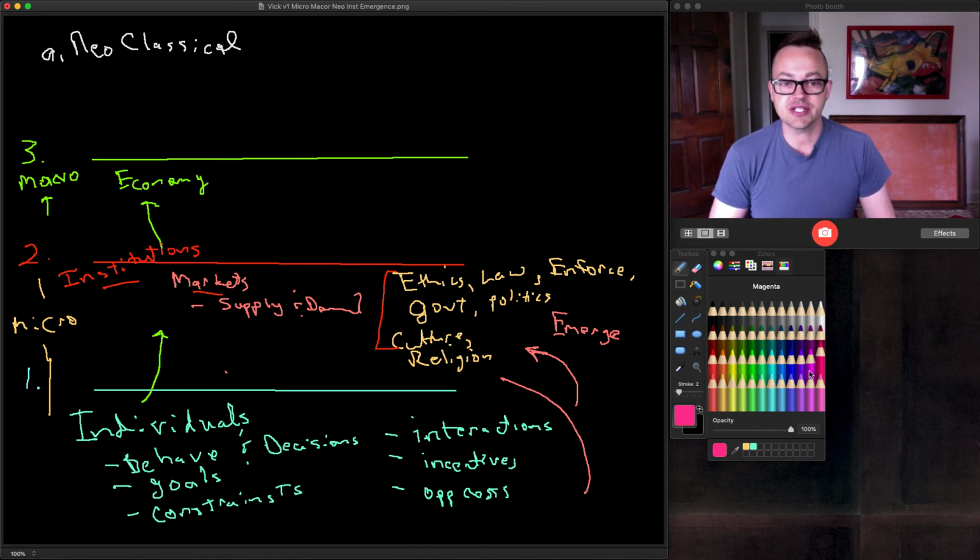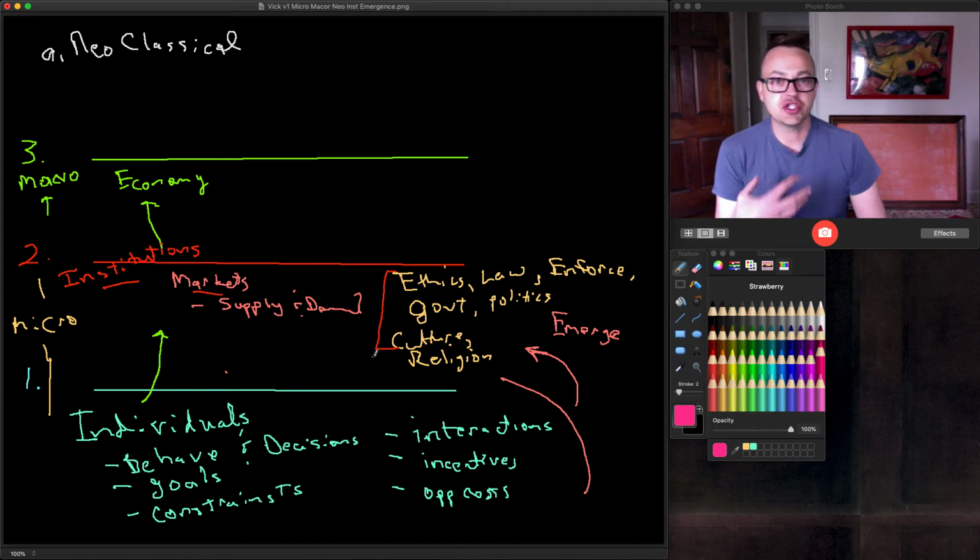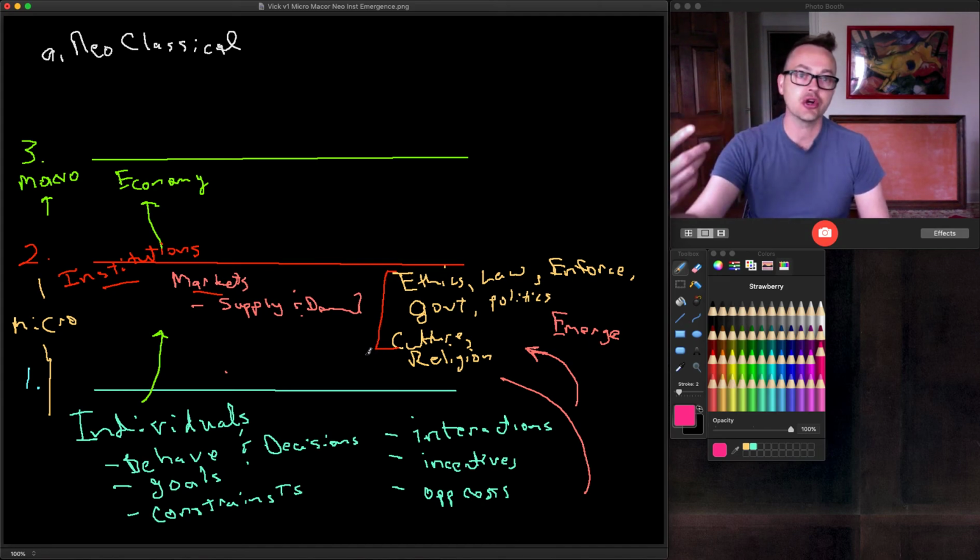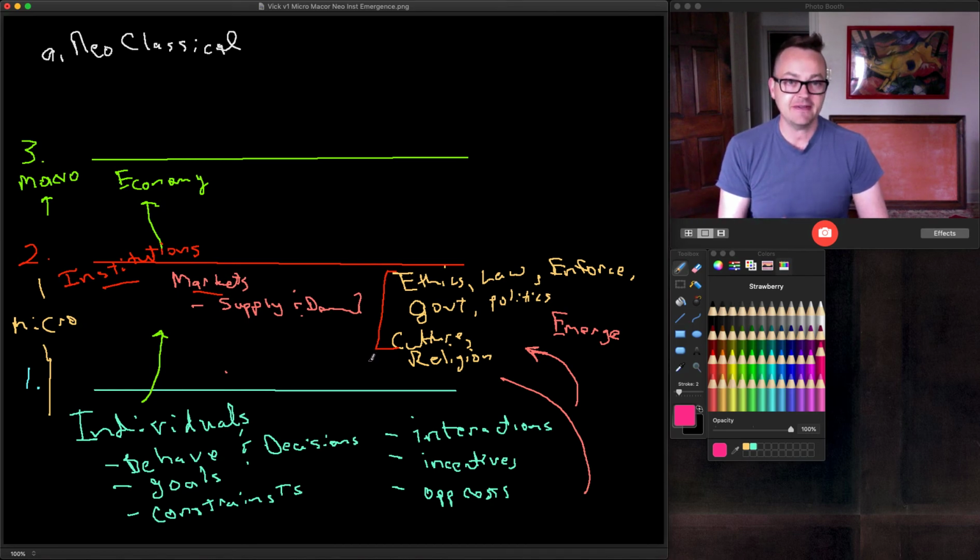And now what's interesting is it isn't just that all these institutions emerge from individual behaviors. To make this even more complex, some of these other institutions actually have effects on us, of course, right? So if there's a law in place that keeps me from being able to sell something and produce something, then that law, that institutional level law, is actually affecting constraints on my economic behavior.